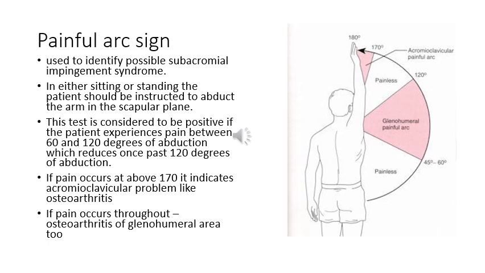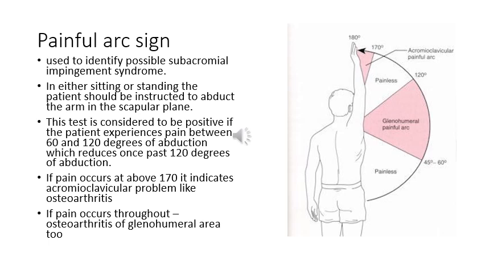That area from 60 to 120 degrees is the glenohumeral painful arc. That is where the impingement of the tendon occurs, at the glenoid cavity and the humerus where the joint is placed. The pain reduces once past 120 degrees of abduction.